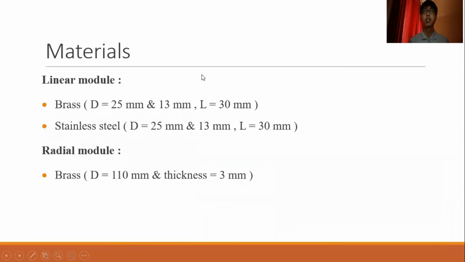For the linear module, we will be using brass and stainless steel with the following measurements. For the radial module experiment, we will be using only brass with the following measurements.